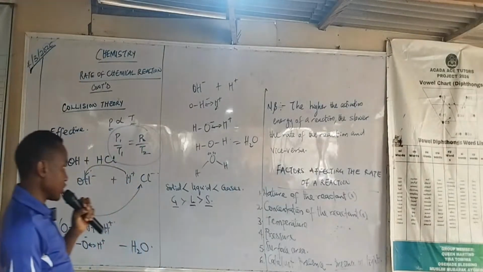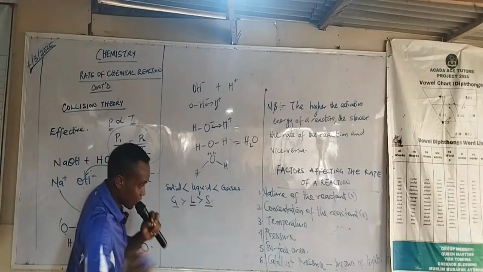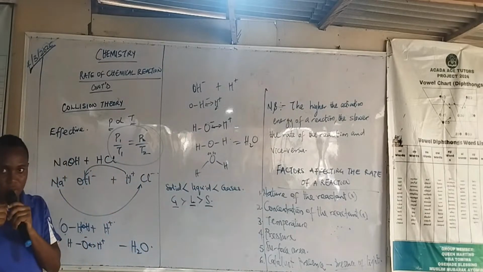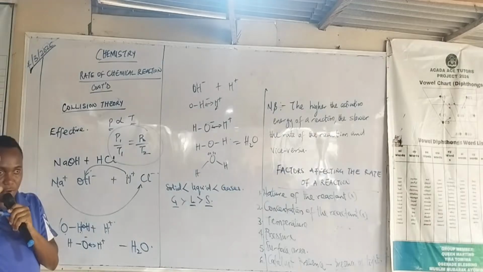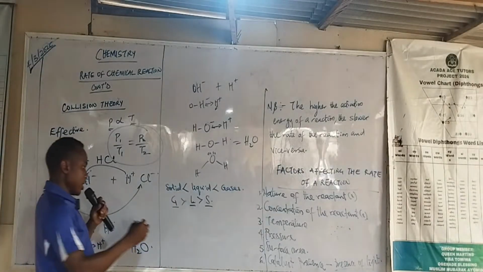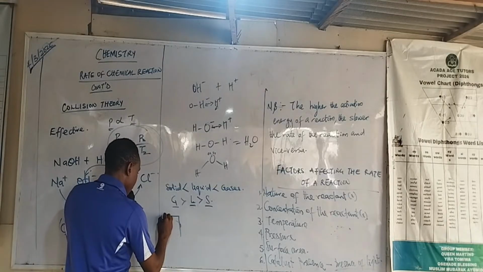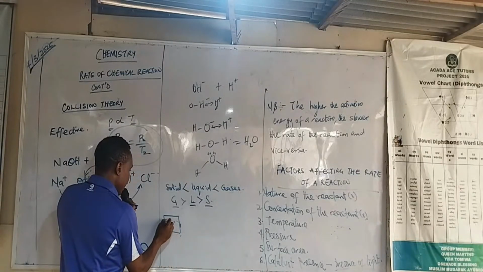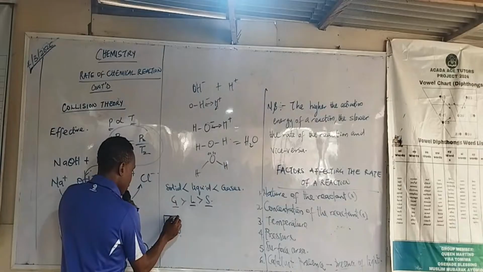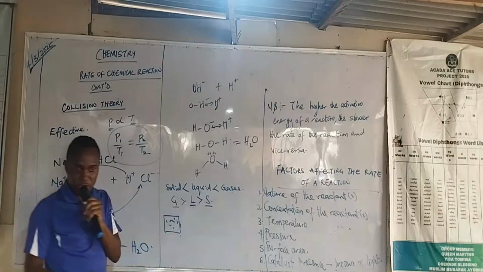And that one boils down back to solid, liquid, and gas. But now let's talk about it in terms of the area exposed. In a solid block, this way, the internal particles, only the surface particles are exposed to collision. Yes or no?